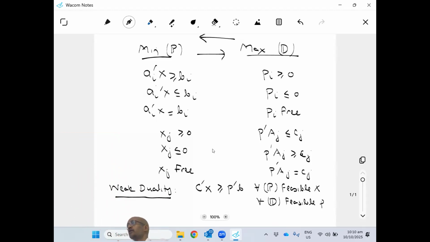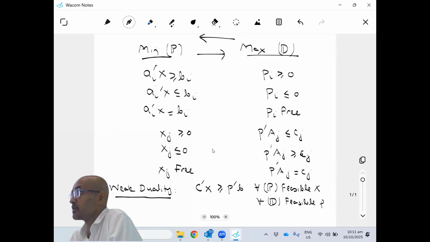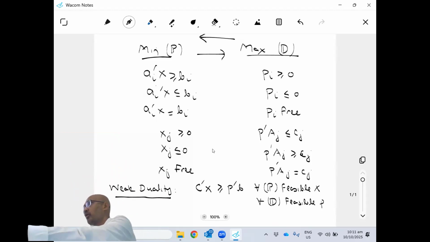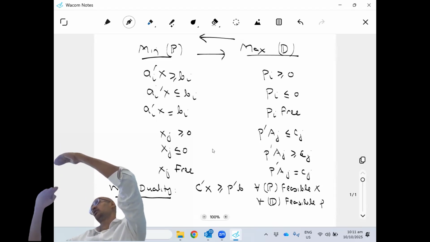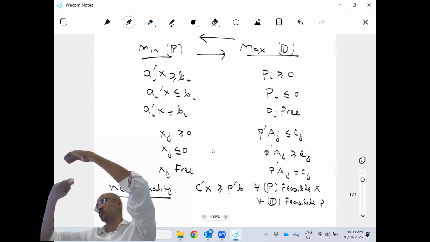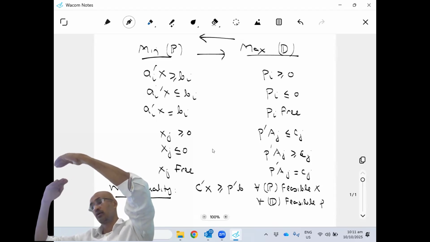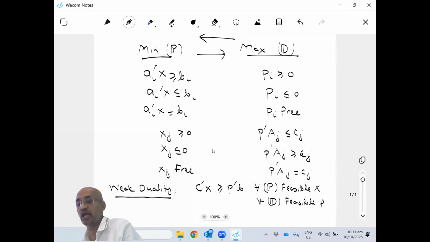This has nothing to do with optimality, it has to do with feasibility. So you take feasible solutions. A natural implication of this is that the minimum of this is greater than or equal to the maximum of this. So it tells you that the minimization problem, the smallest value, will be bounded from below by the maximization of the dual problem. And we saw already this has a couple of implications.